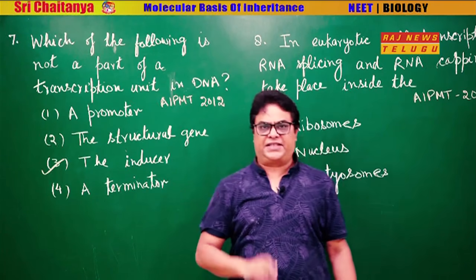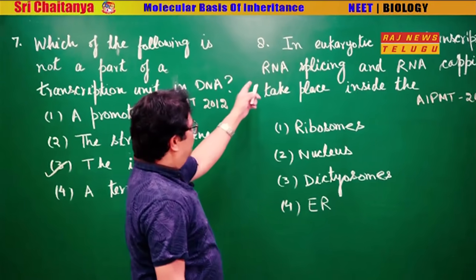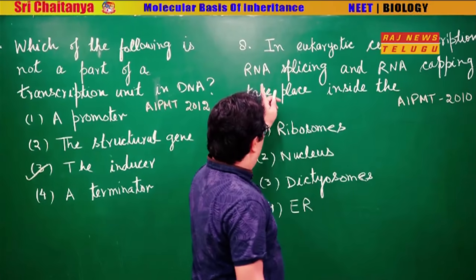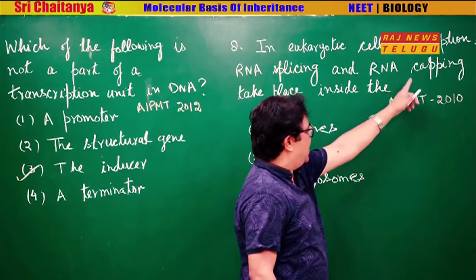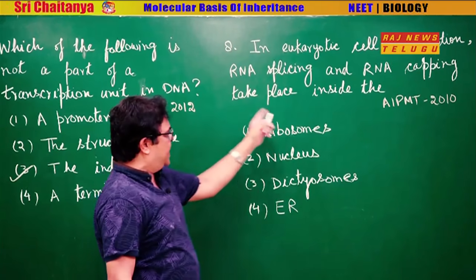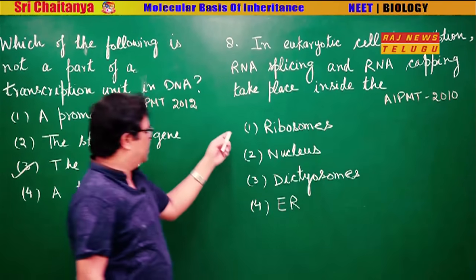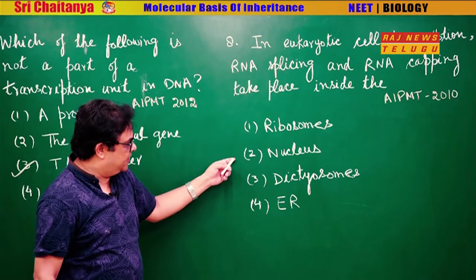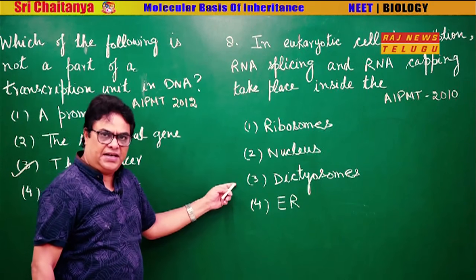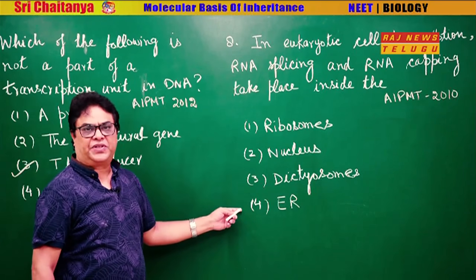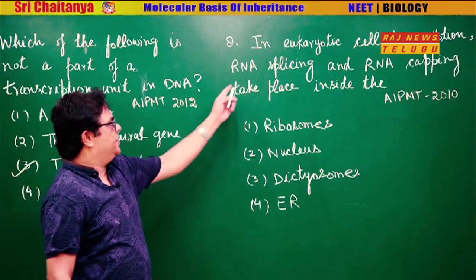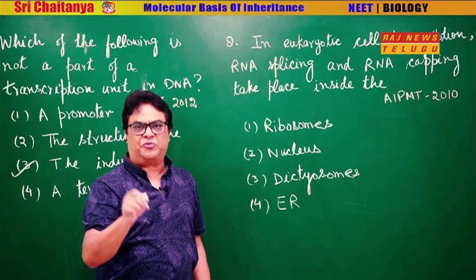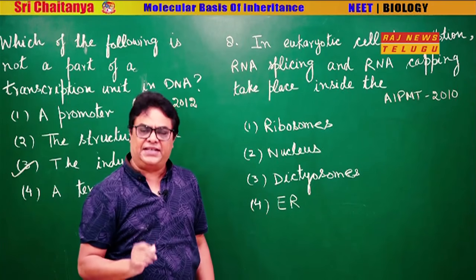Next question. In eukaryotic cells, transcription, RNA splicing and RNA capping take place inside the first ribosomes, second nucleus, third dictyosomes and fourth endoplasmic reticulum. You know, in eukaryotes the DNA, which is in the form of chromosome or chromatin, is present inside the nucleus.